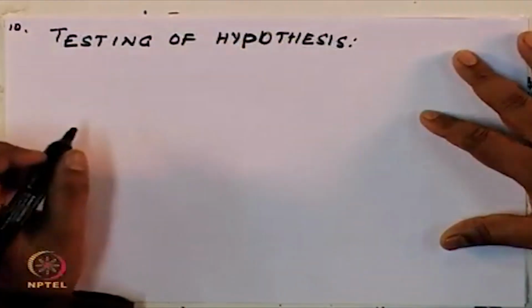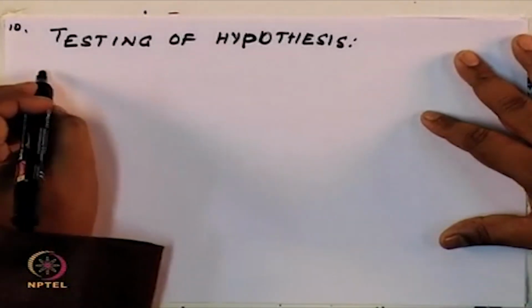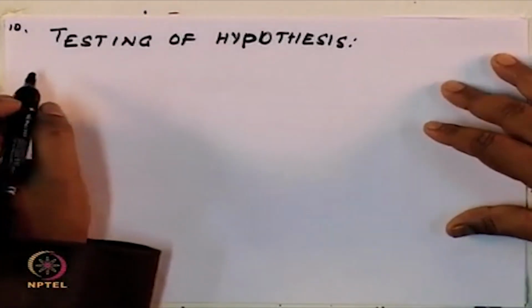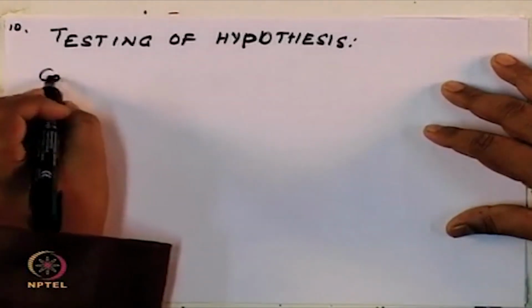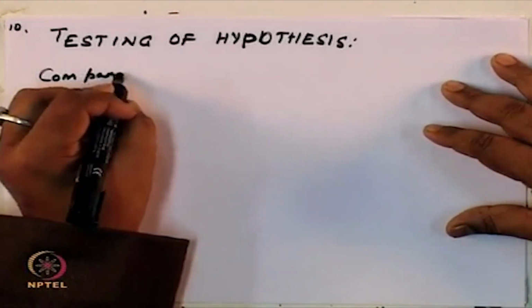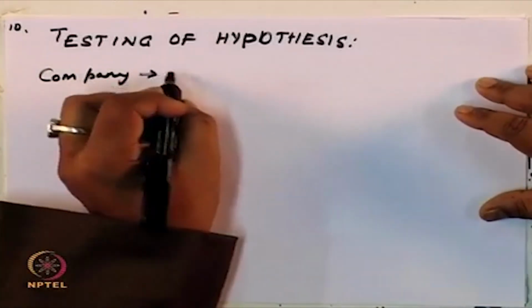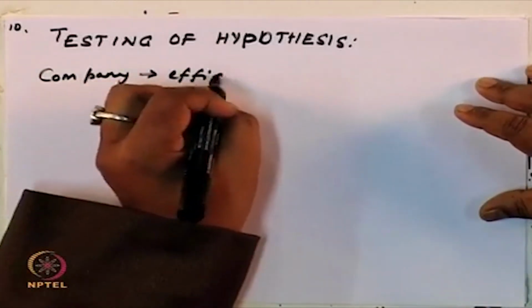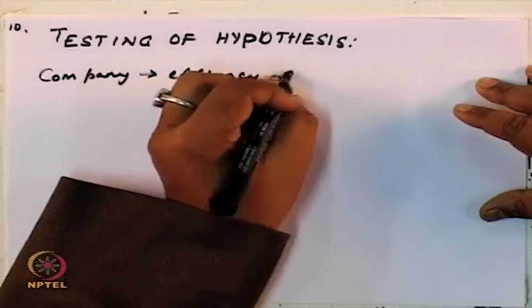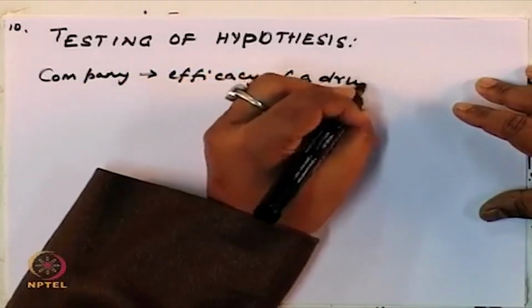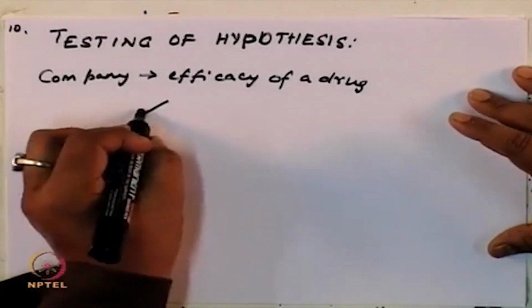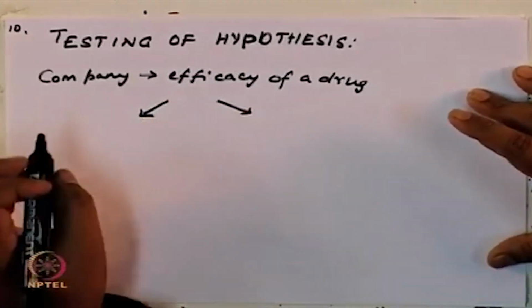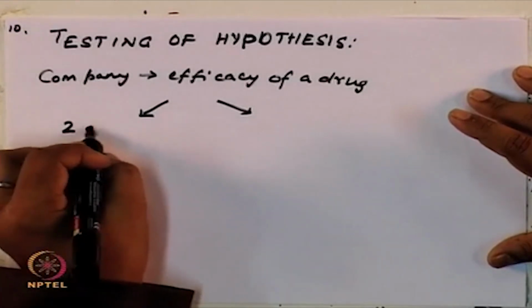Imagine a pharmaceutical company deciding on developing a drug, a company which tests the efficacy of a drug. And imagine that this particular efficacy is tested in 2 countries or two different scenarios, or by 2 different groups.